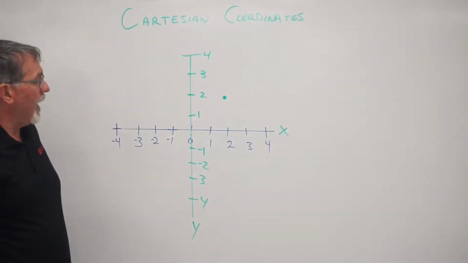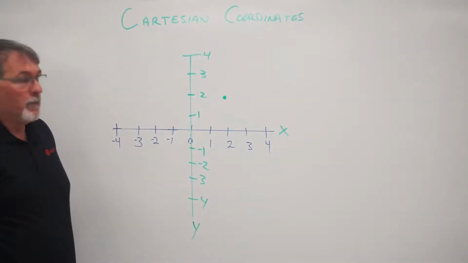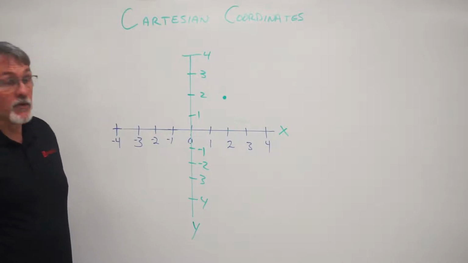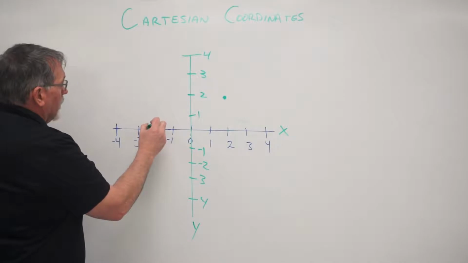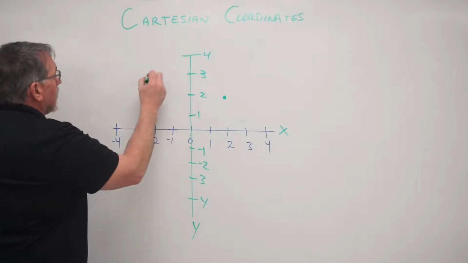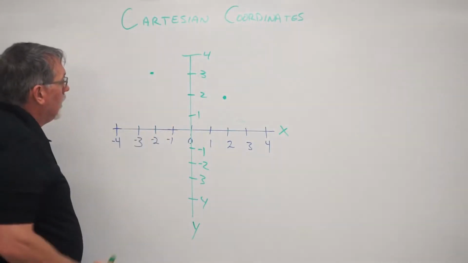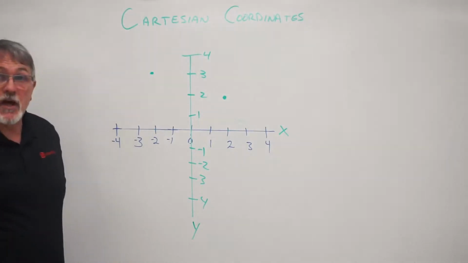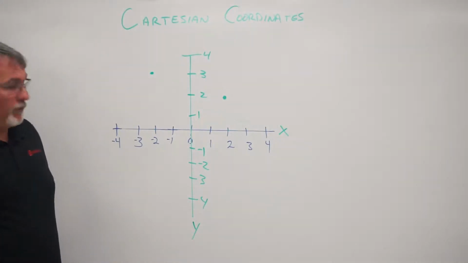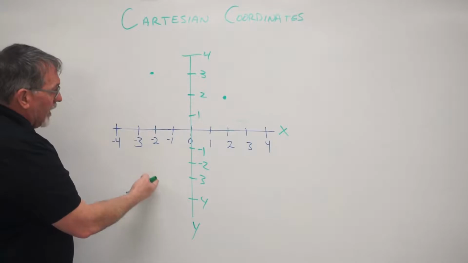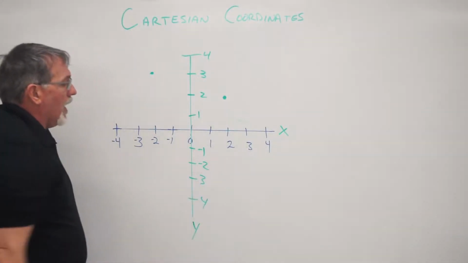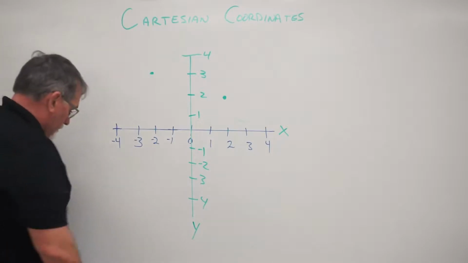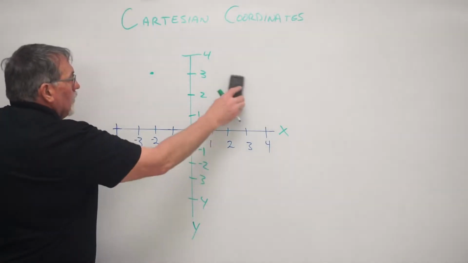If I were to give you an X -2 position and a Y 3 position, this would be X -2, it's going in this direction, and a positive 3. So right where those 2 lines intersect, that's the position that we're looking for. And so on. You could go an X negative and a Y negative, or an X positive and a Y negative for these positions.